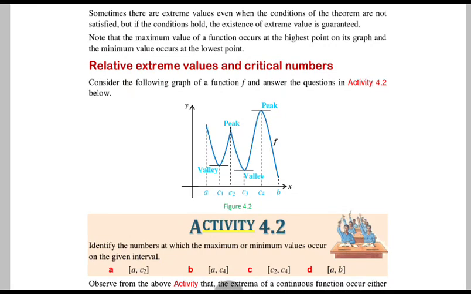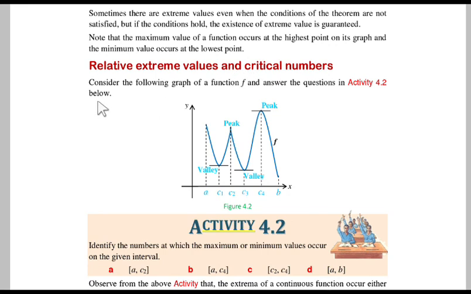Okay, I'm back. Relative extreme values and a critical number. What does it mean? Relative extreme value and a critical number.